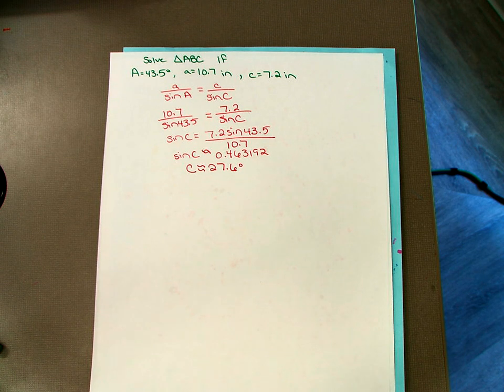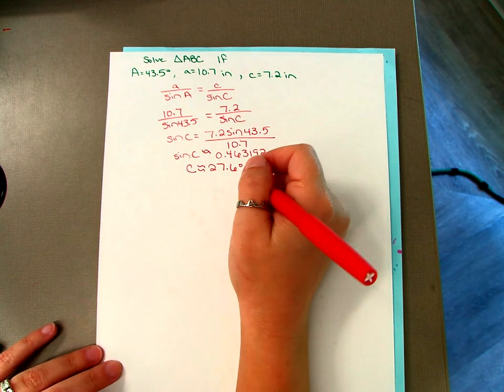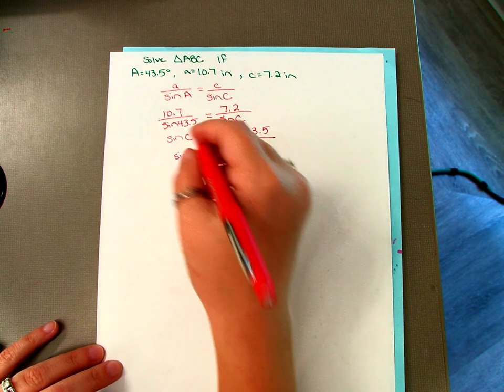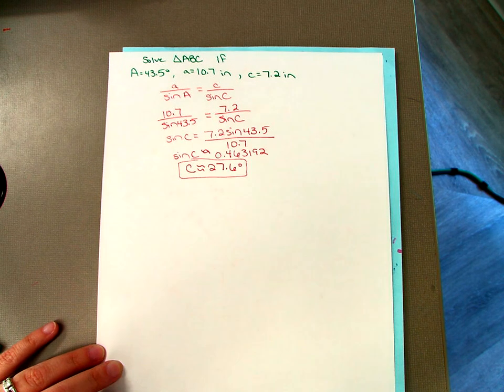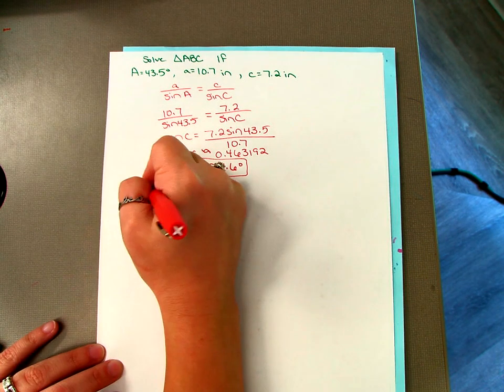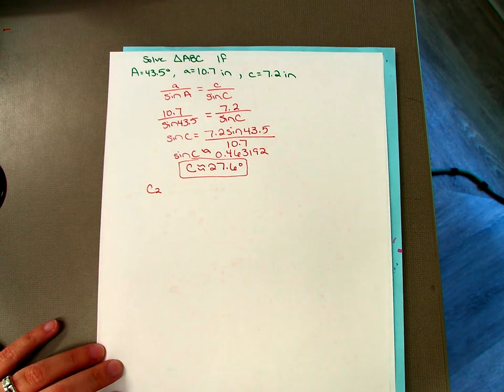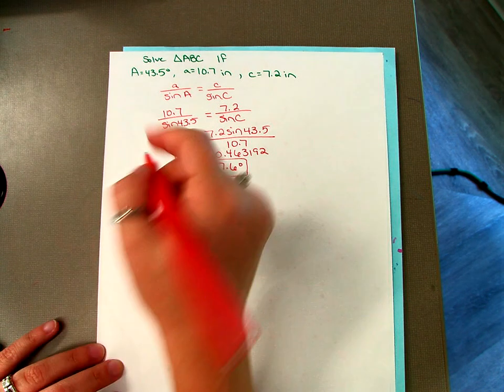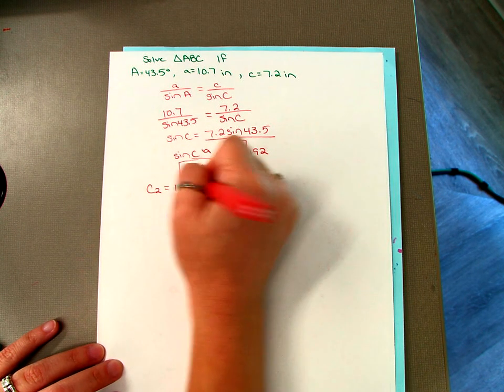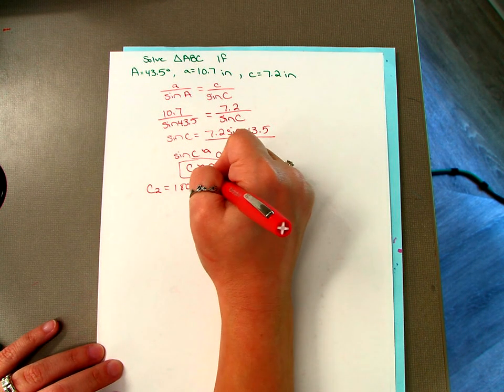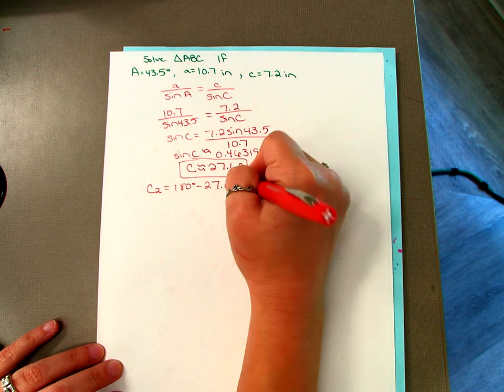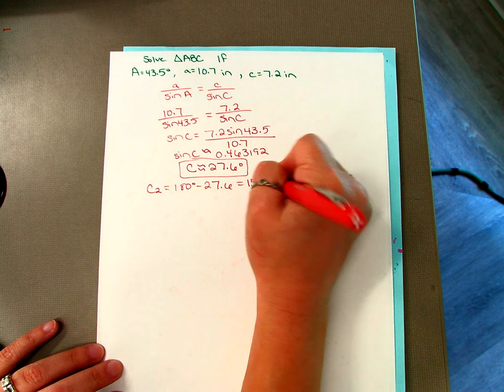So here, we found that C is 27.6. To look at C2, the potential other C angle, we take 180 degrees minus 27.6, and that gives us 152.4 degrees.